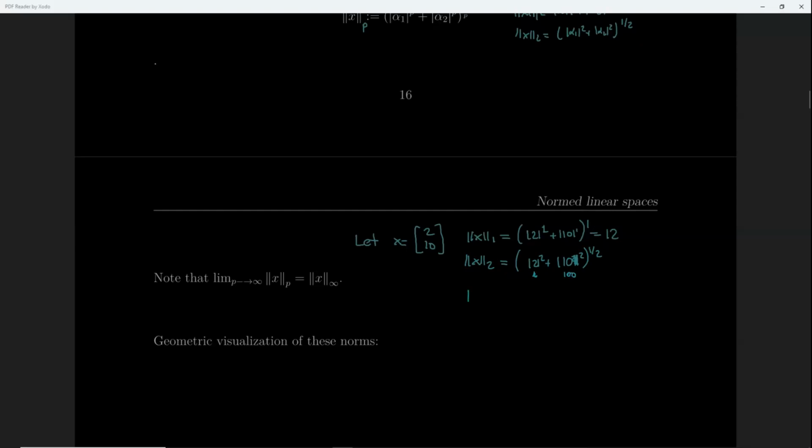Let's continue in that manner and write down the L3 norm. We have the absolute value of 2 cubed plus the absolute value of 10 cubed, to the power 1 over 3. The first term is 8, and the second term is 1000.